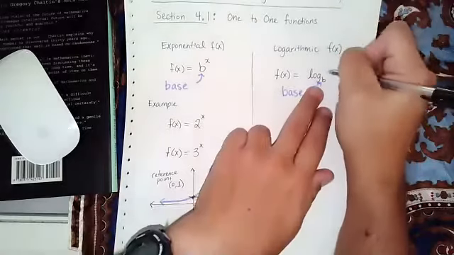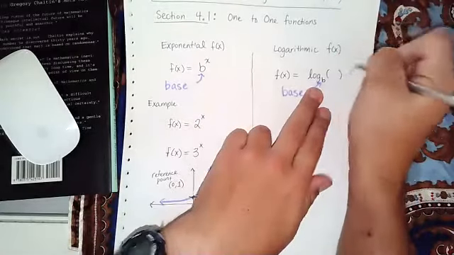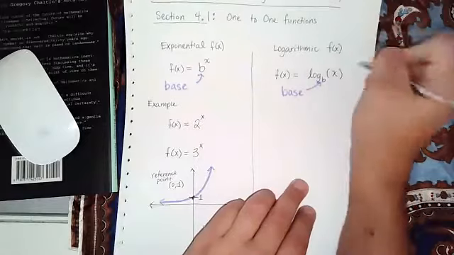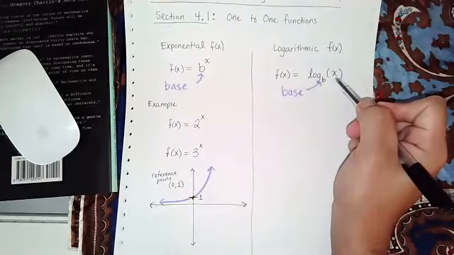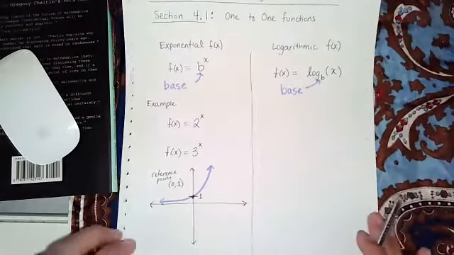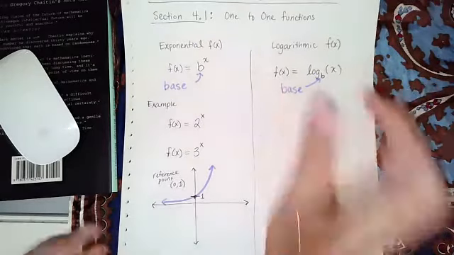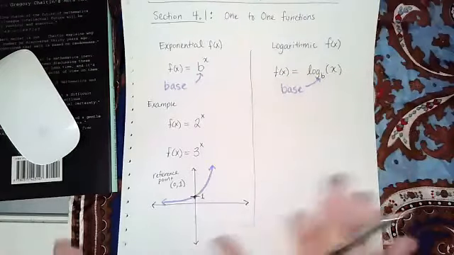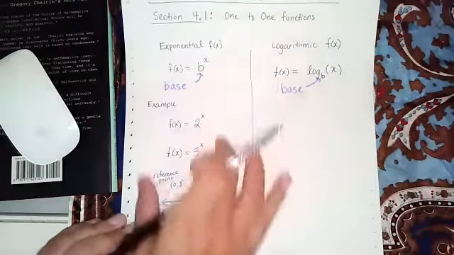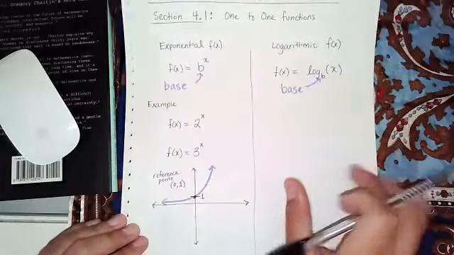And they don't always do this, but I'm going to put parentheses here and then the input for the function. Again, we're just writing this down. It's a very new thing, very new notation, and we'll talk about it when we get there. We're really going to focus on exponentials, but I just want to give you this preview.